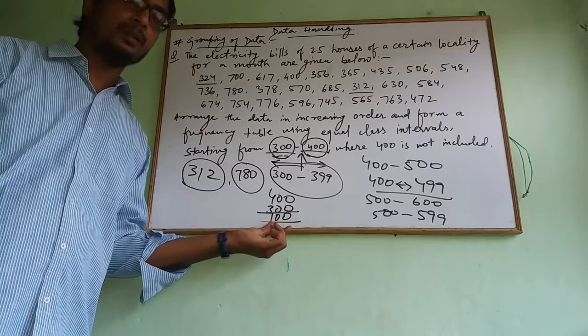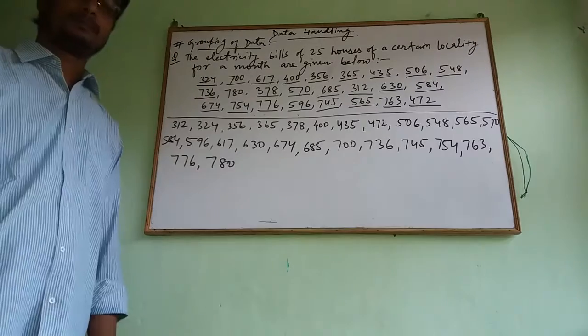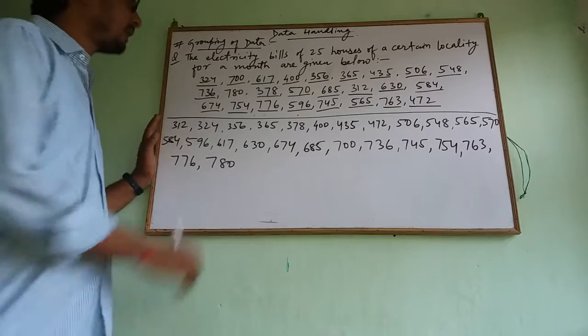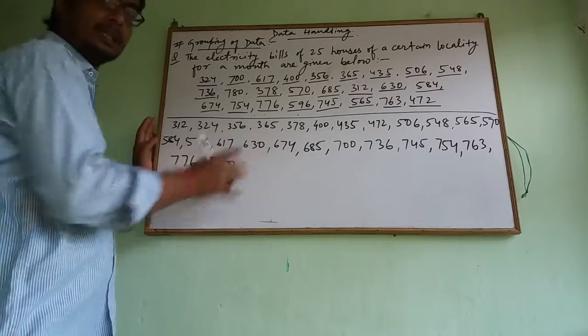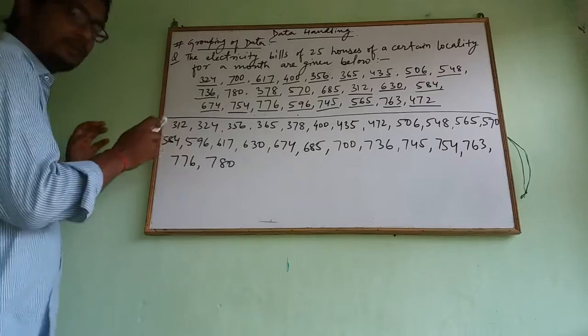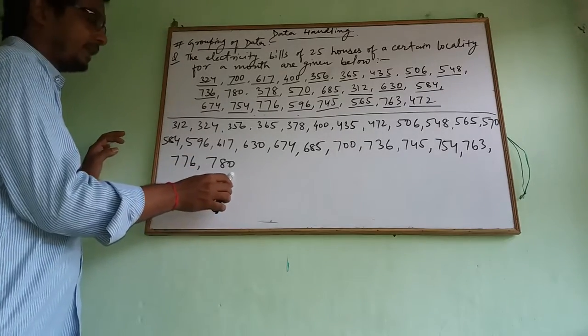I hope you have understood. Now let's solve this question. Students, you can see that I have arranged all the data in increasing order, starting from the least one, 312, to the highest one, 780.